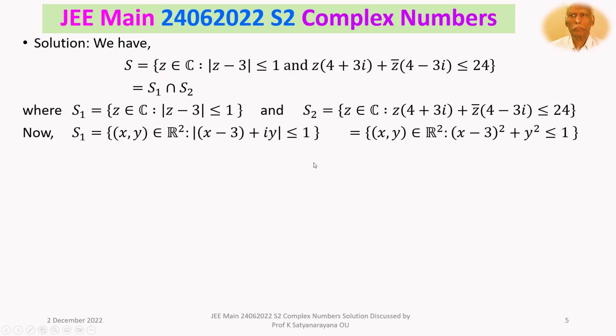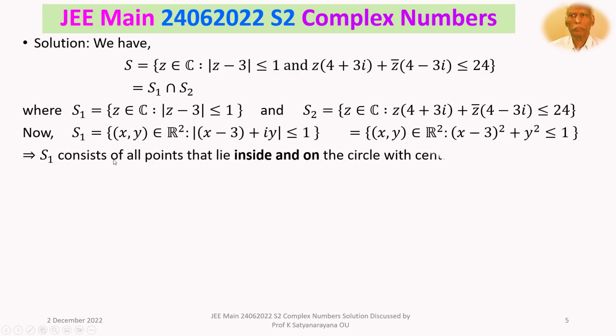So what is this S1? S1 is a circle with the center C at (3, 0) and radius 1. S1 consists of all points that lie inside. Why? Because less than 1. On, because it is equal to.